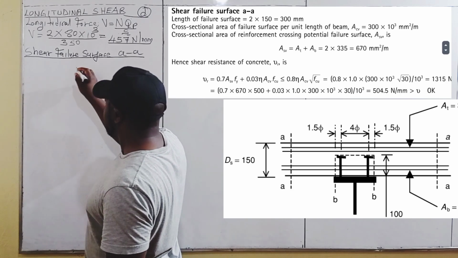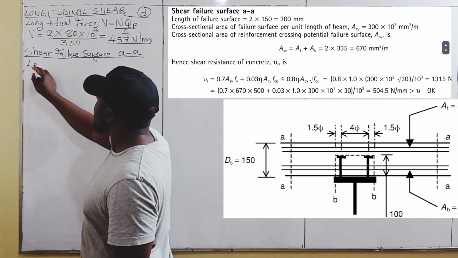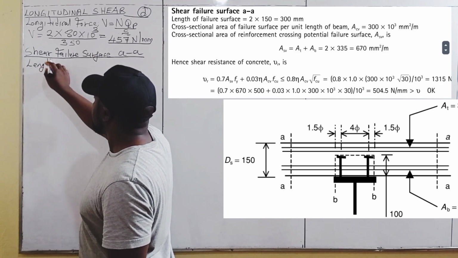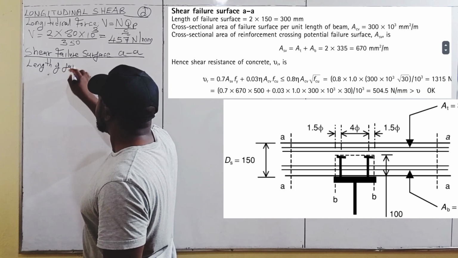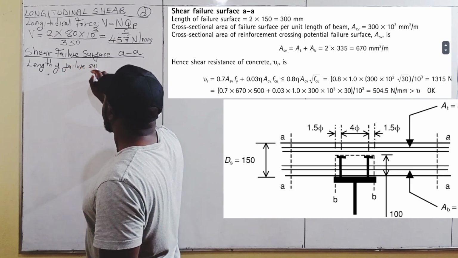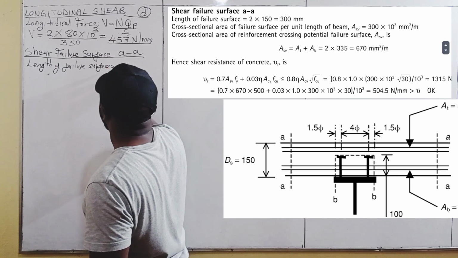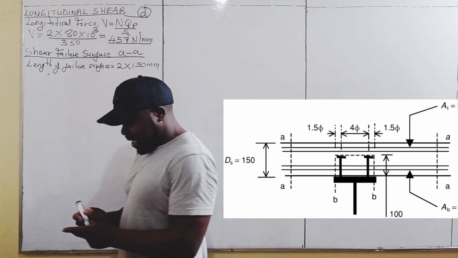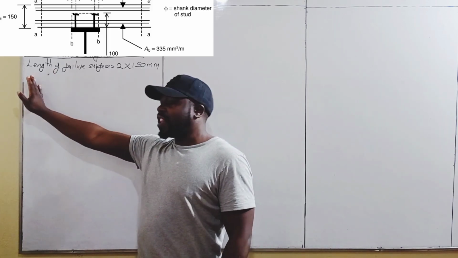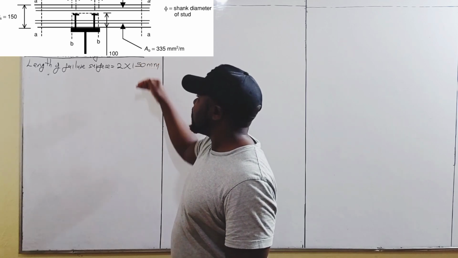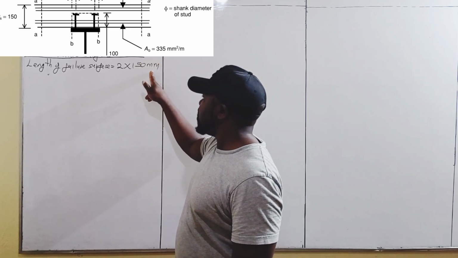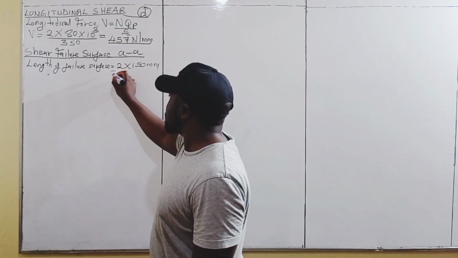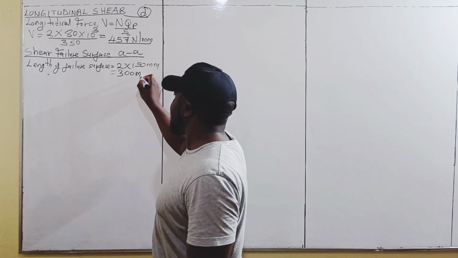The length of failure surface will be given by 2 times 150 millimeters. Since we have 2 sections AA on the left hand side and on the right hand side, and the depth of the concrete flange is 150 millimeters, on 2 sides we are going to have 2 times 150, which of course is 300 millimeters.